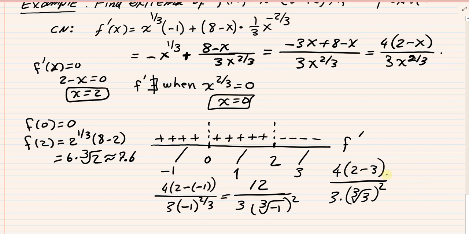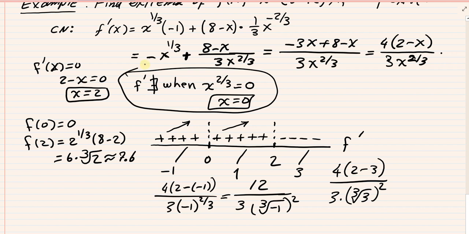Now, the positive symbol along the number line here, f prime positive, that means the function is increasing. And then 0 is a critical number, so at that point the slope is 0. Actually, the derivative, remember, does not exist at 0. So something is happening there at that point.